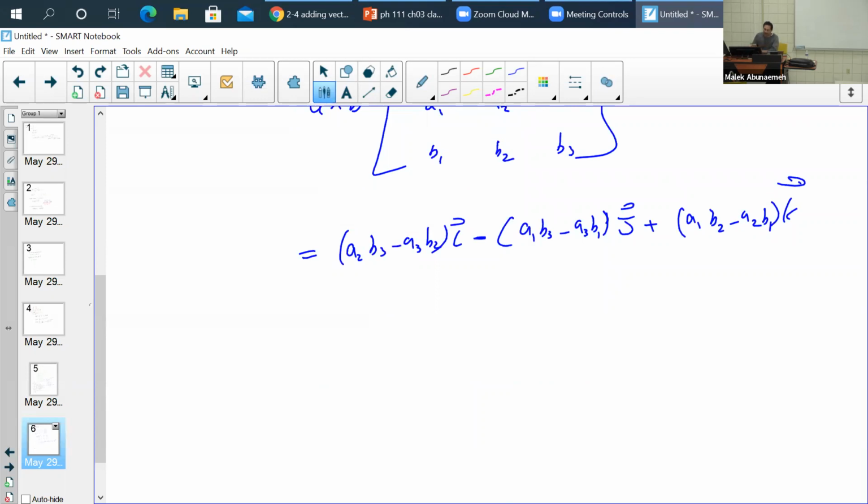So let's do an example. Let's say A is equal to 1, minus 7, and 1, and your B is equal to 5, 2, and 4.